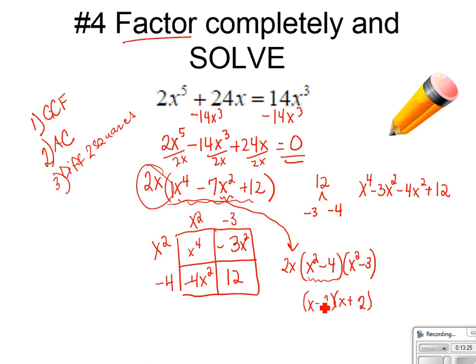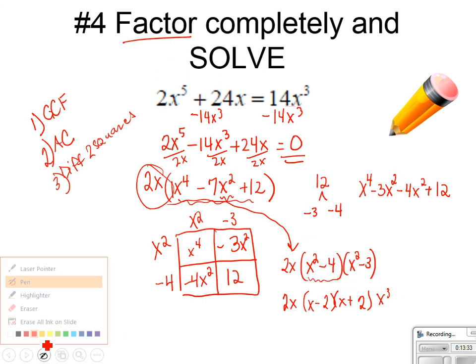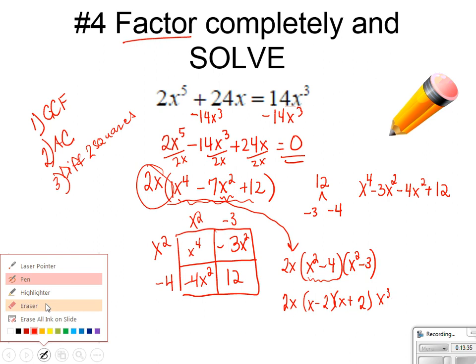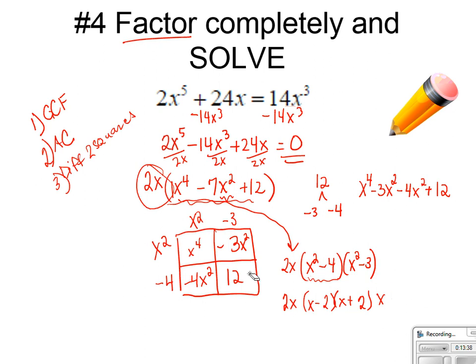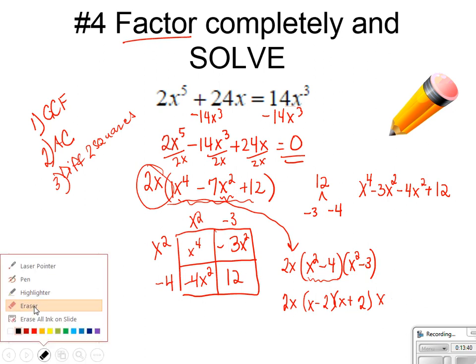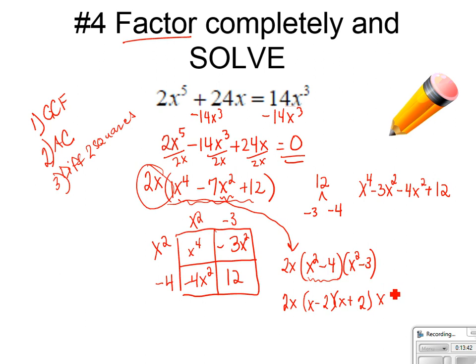One's positive, one's negative. Oops, I need to get my eraser here. Sorry about that. This should be x squared minus 3, and I cannot factor that because 3 is not a perfect square. So those are my factors.